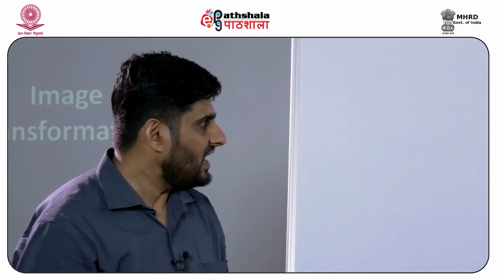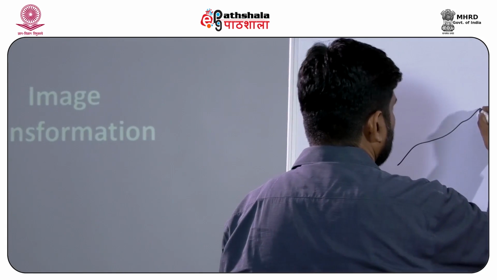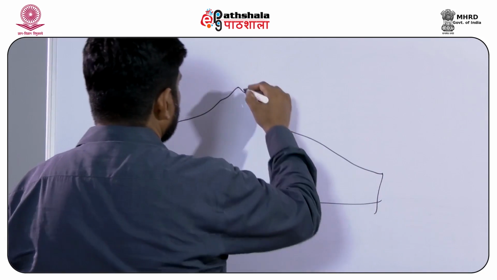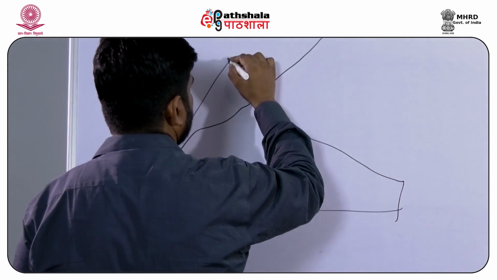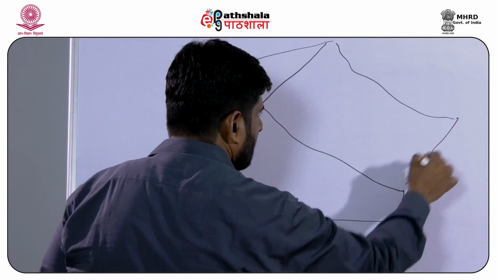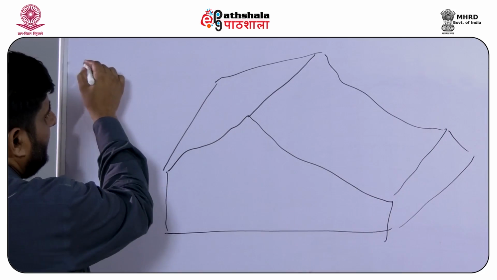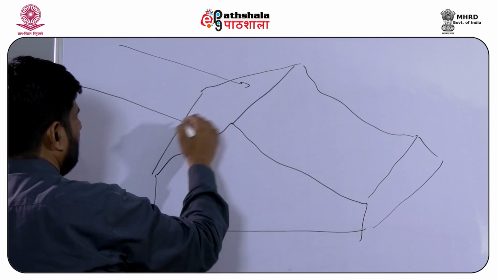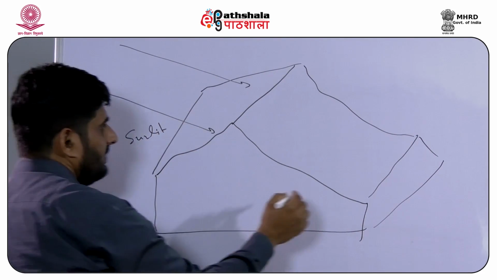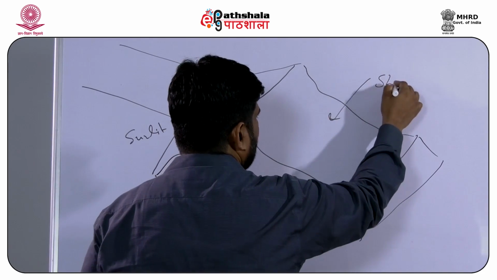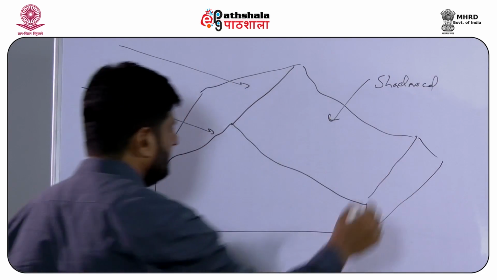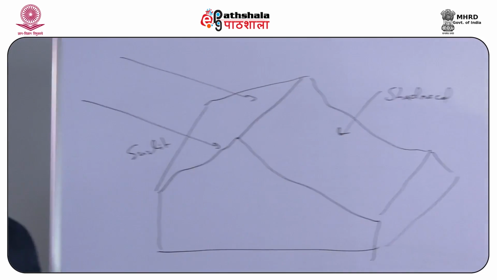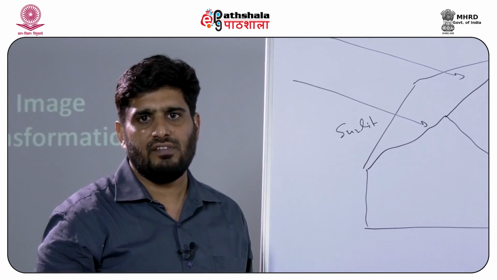For example, if we have a terrain here, now if the sunlight is coming from this direction, this particular portion may be a sunlit portion, whereas this portion may be a shadowed portion because of the slope in the area. Now, suppose we have two different types of land features here. One is deciduous trees and other is coniferous trees.